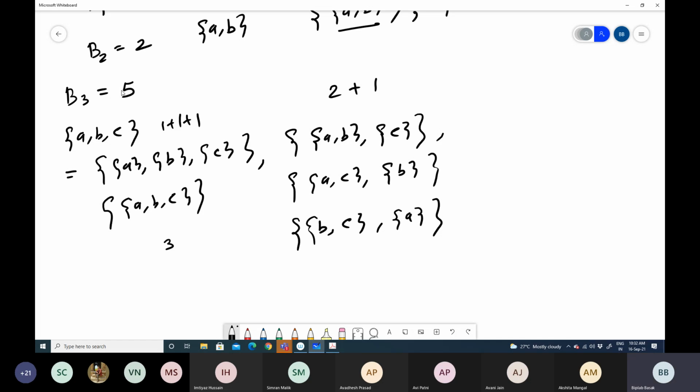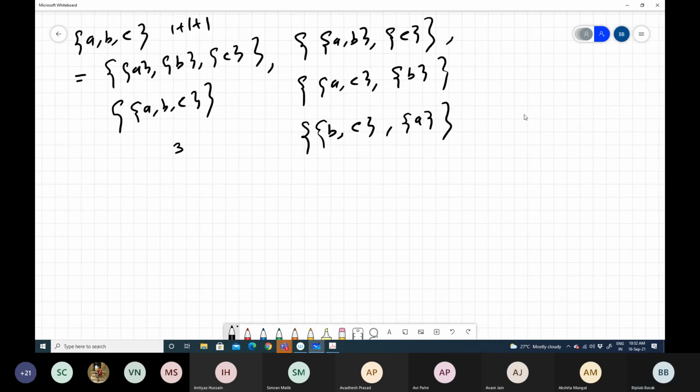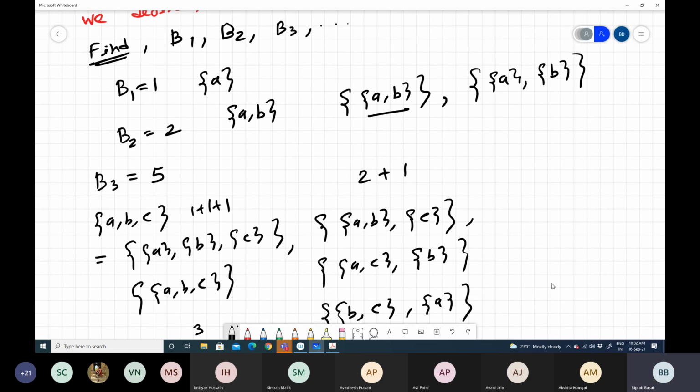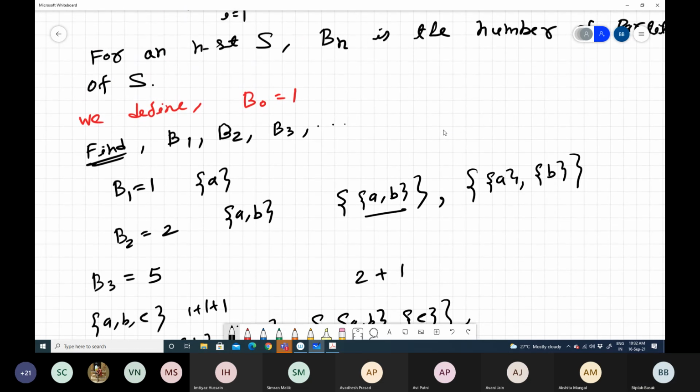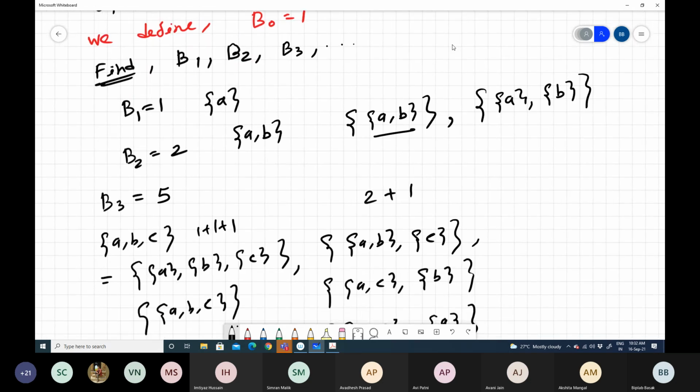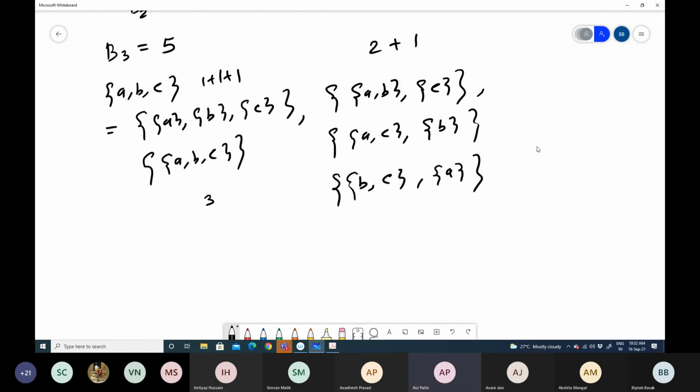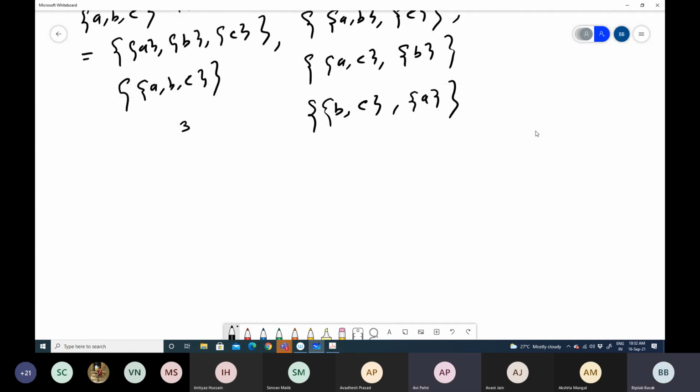In this way you can calculate B3, B4, Bn. But it has a beautiful relation. Now is this clear, what is a Bell number? Yes, sir. Okay.